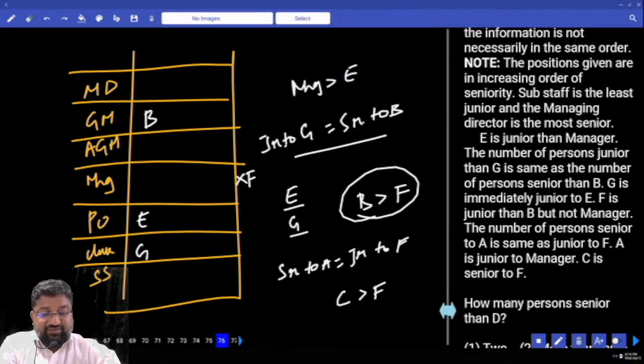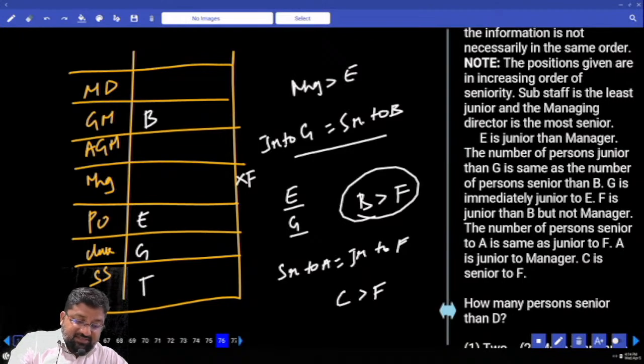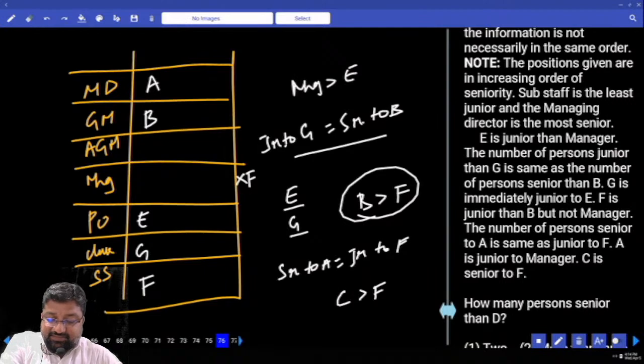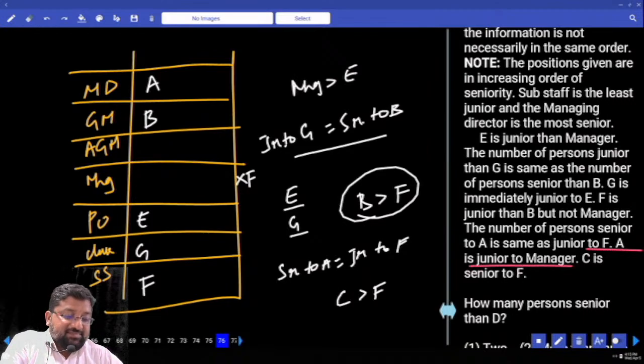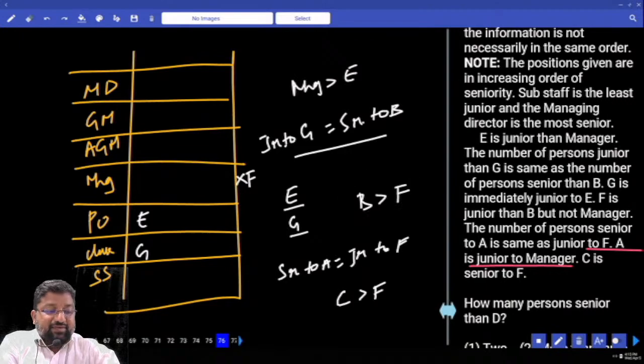What can I do for F? Okay, this is F. Then automatically this is A. But A is junior to the manager. So now there is only one possibility.